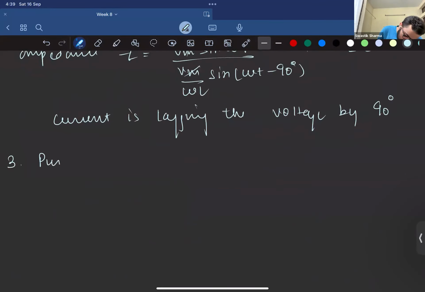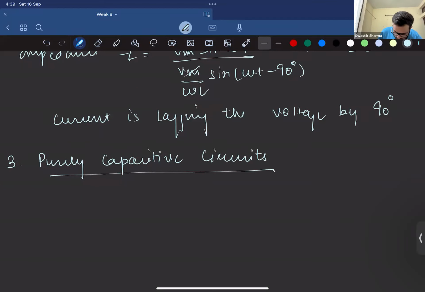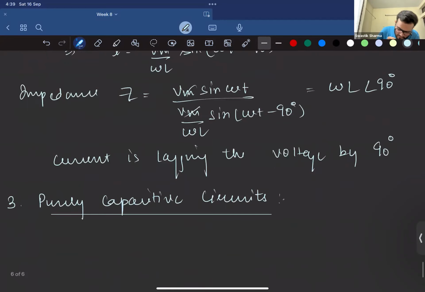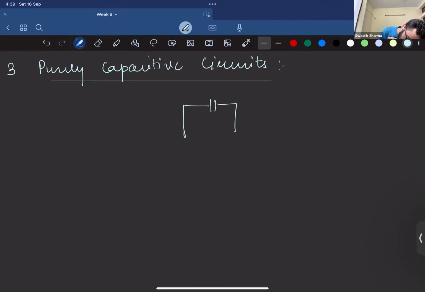Let's quickly discuss purely capacitive circuits and then we'll move on to questions. Again, a similar circuit, connected across a single phase voltage source, which is Vm sine omega t. This is a capacitor. So what is the current I?